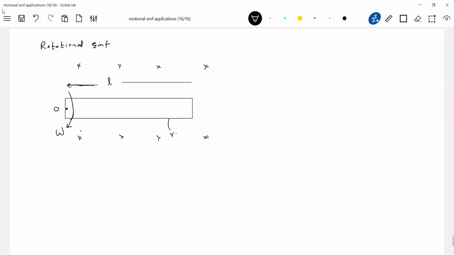So what is the EMF generated across the rod? Why is that EMF generated? Again, you take help of a positive charge. In what direction will this positive charge have a speed, a tangential speed?